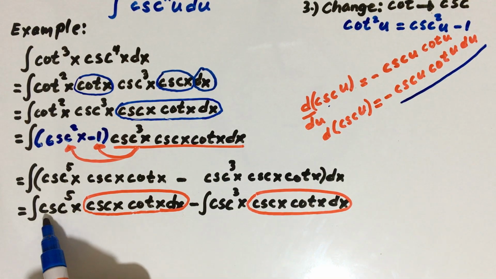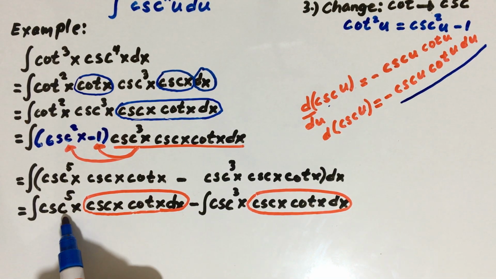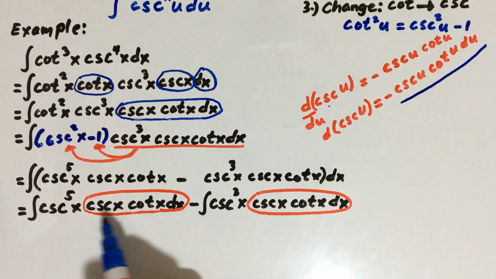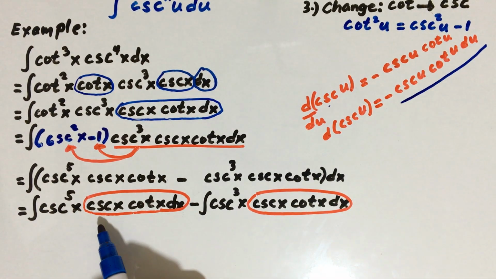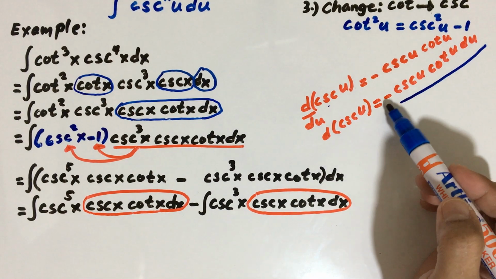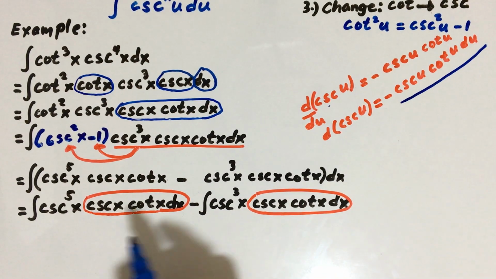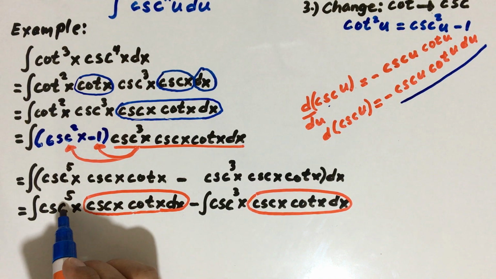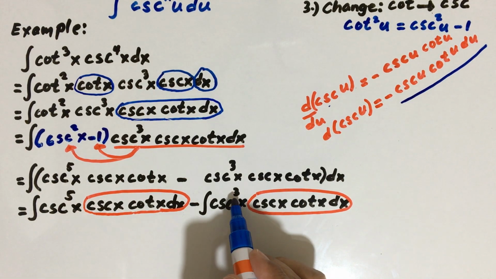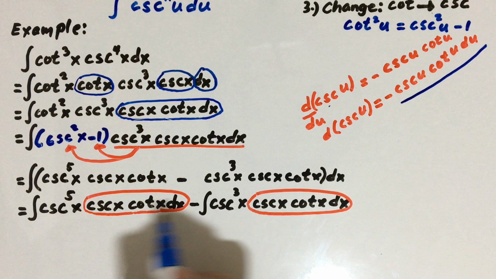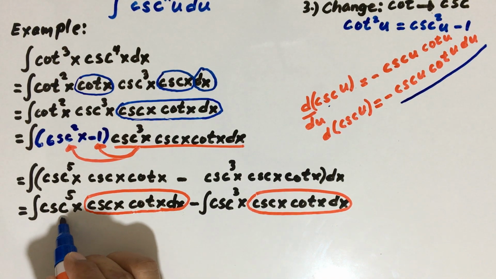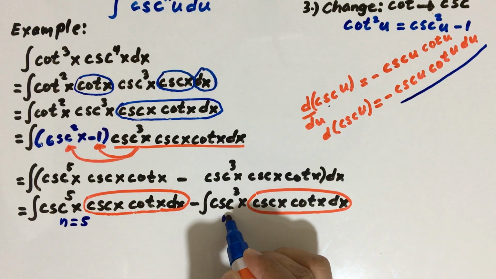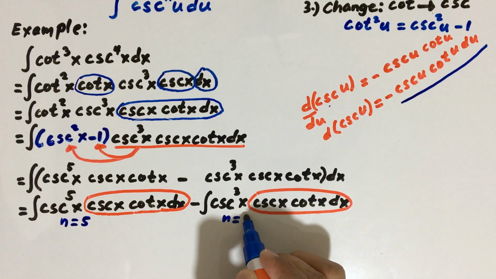So it seems that if we let this part here be our u, then this is du, more or less, except for the sign, but we can do something about it later on. By the way, the exponent here, our n, is equal to 5, and our n here is equal to 3.